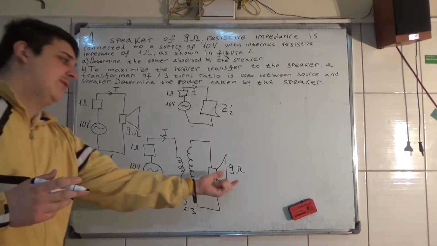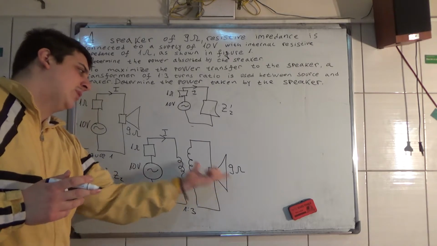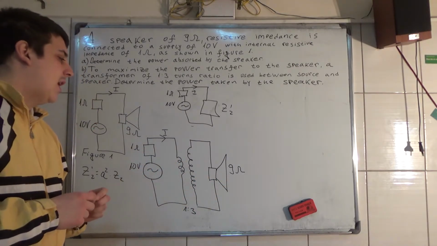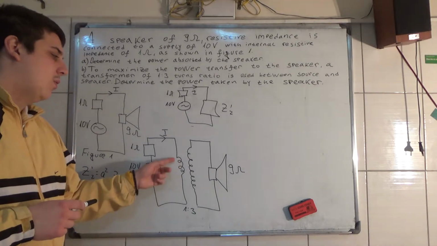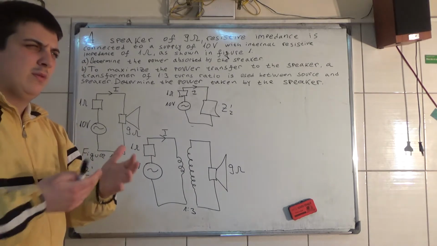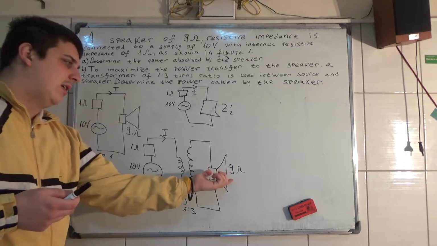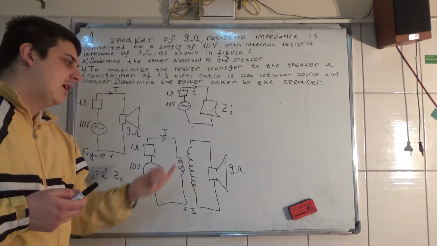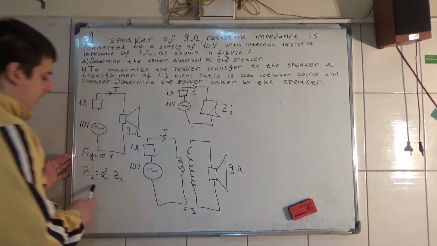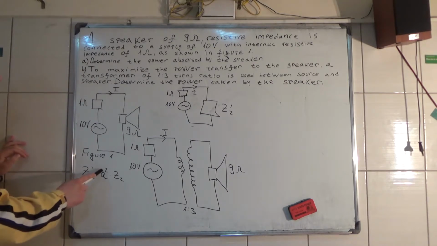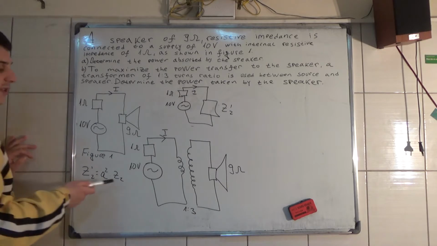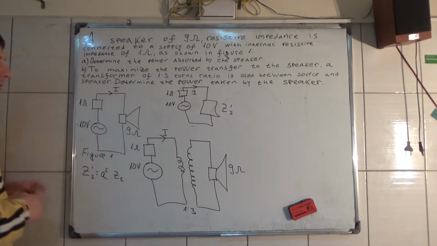So now we transferred the 9 ohms to this side. Why? Because now we cannot calculate what is the voltage here. We don't have those parameters, so we are gonna transfer this to this side, and the formula for that is A squared times the actual impedance, or the resistance of the speaker.